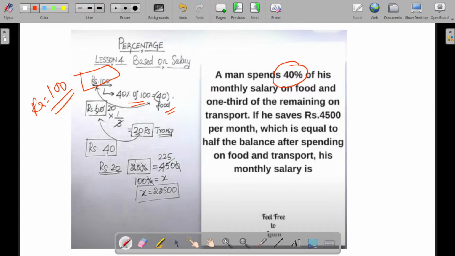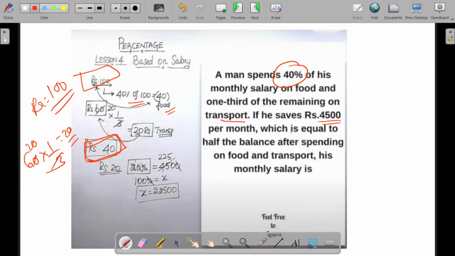So 40% is food, the remaining means how much? 60. So one third is 20 rupees on the transport. So 60 minus 20 means the remaining is 40.